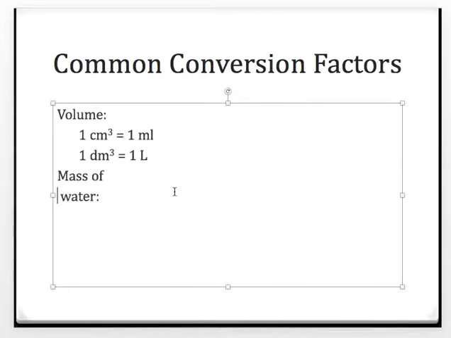Now, when we're talking about water, if I had 1 milliliter of water, and most of you probably know this, you would have 1 gram of water. That's not true with everything, that's just water, okay? And if I had 1 liter of water, then I would have 1 kilogram of water. Those are all conversion factors you just have to know.